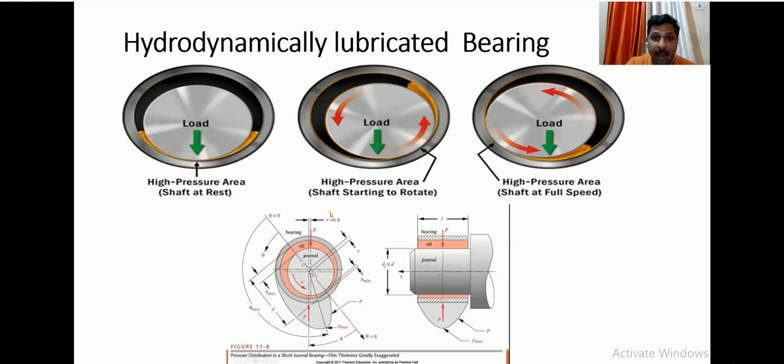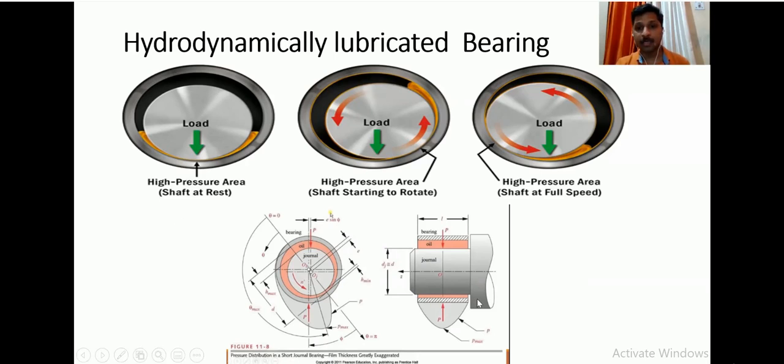This load will exert pressure over the bearing, so the pressure sustained by the bearing is important. That pressure can be calculated as the load on the shaft divided by the projected area of the bearing.